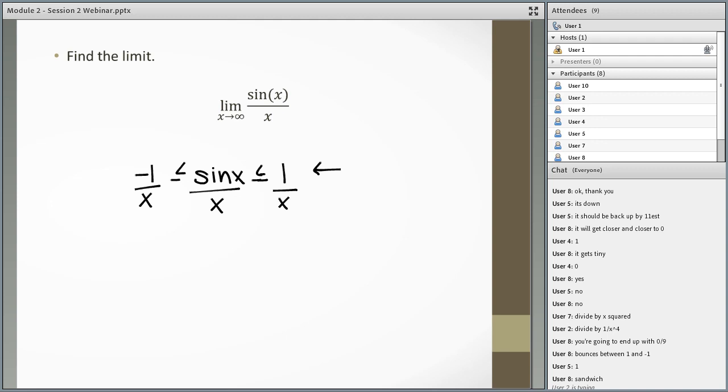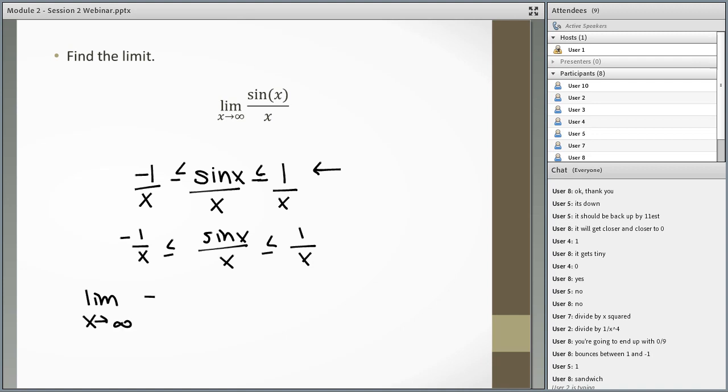If x was negative, it would flip the inequality signs, but it would flip both of them. So sine x over x would still be in the middle of the two terms, and it would still be okay. So I have negative 1 over x is between sine x over x, I'm just rewriting the line up above, and 1 over x. And now what I can do is I can take the limit of the two outside functions, and if it's the same value, then that's the value of our limit.